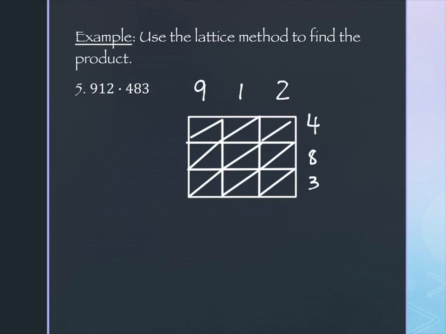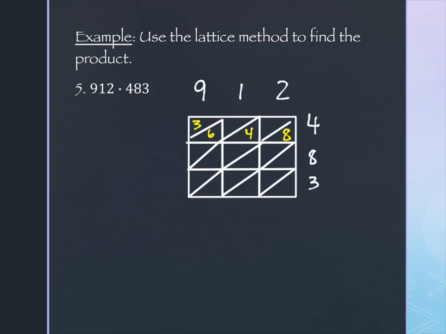Okay, so we're going to multiply each box out. So I have 9 times 4 is 36. 1 times 4 is 4. 2 times 4 is 8. That's my first row.